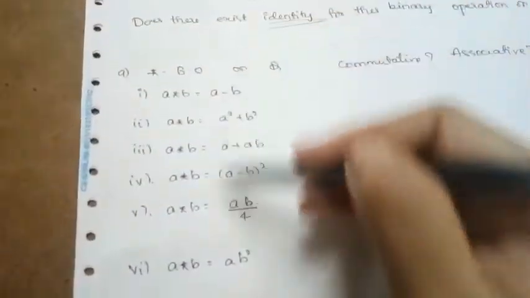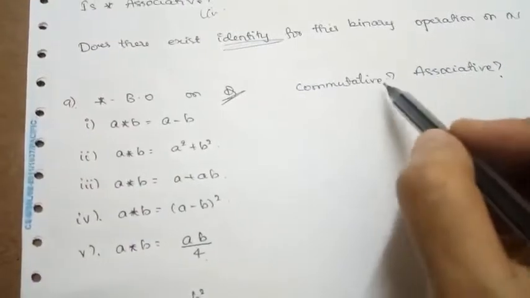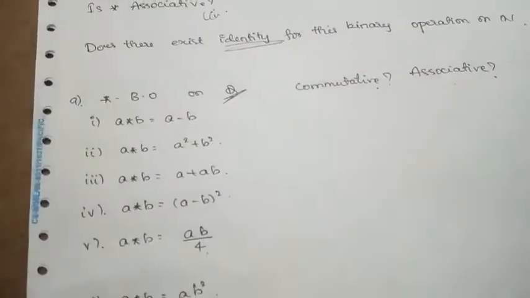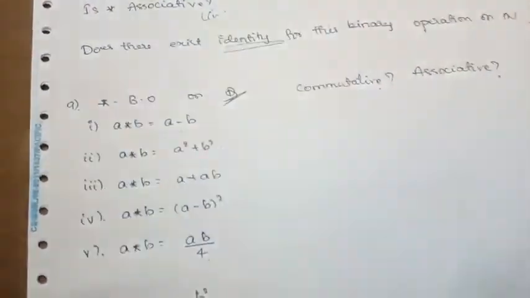They have given some binary operations which are defined upon the set of rational numbers. We need to check again whether each is commutative or not, associative or not. So here A star B is equal to A minus B. By looking here itself you can say it is not at all commutative.